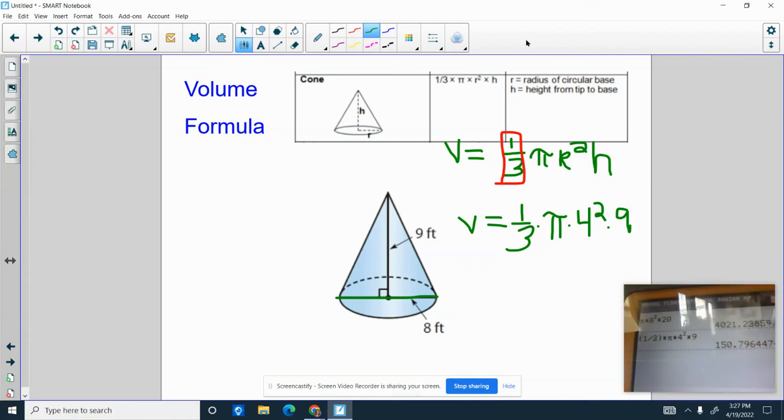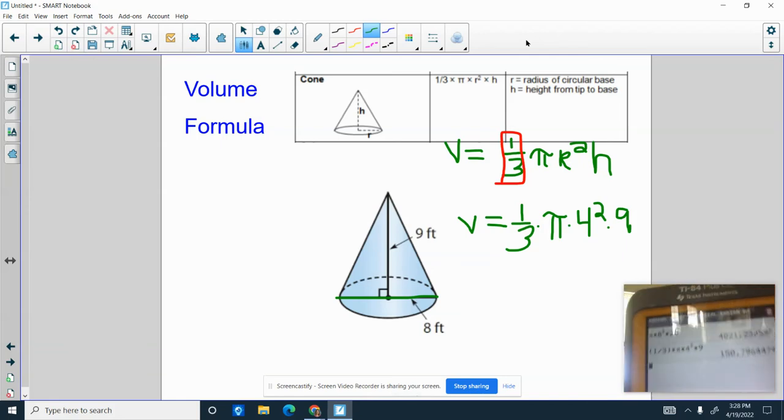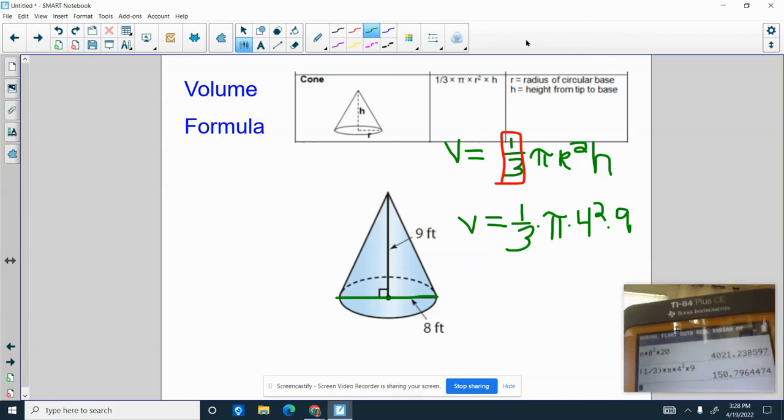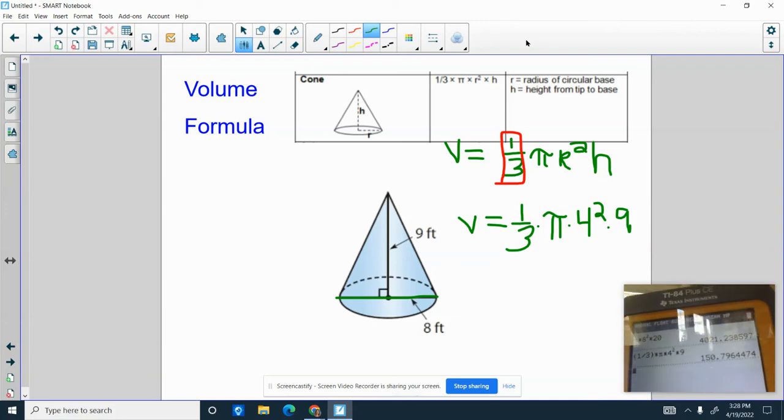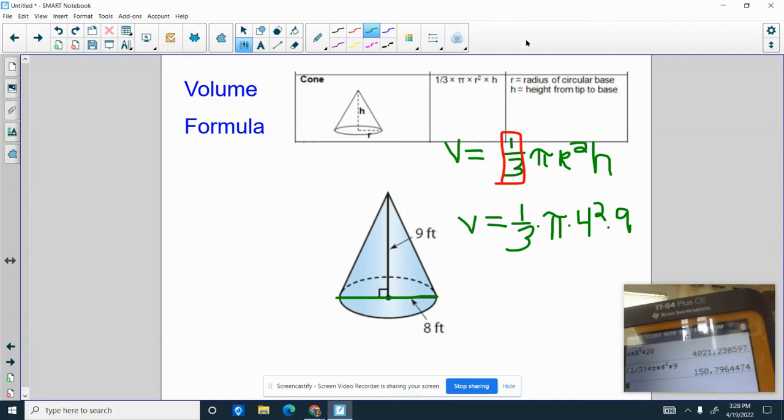Okay, and here we go. So I'll round to the tenths place on this one. So 150 point. Now, when you round, if I'm going to the tenths place, that's 1 digit after the decimal. So I want to look at the second digit. If it's 5 or above, I round up. If it's below 5, I round down. So it's 9. So I need to round up.